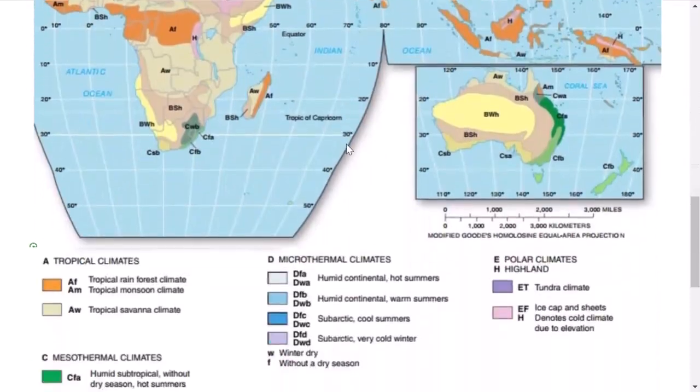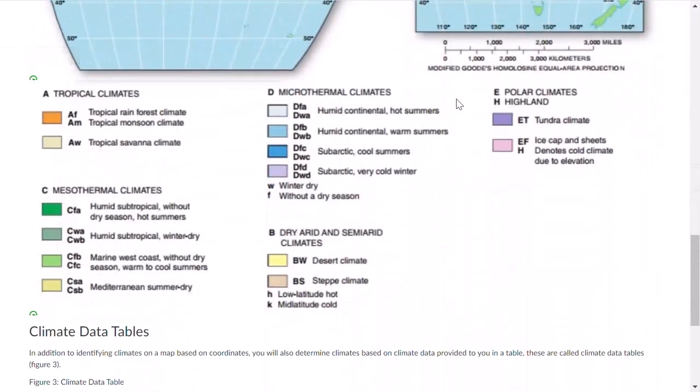We're going to be able to scroll down and we have this giant legend that describes what each type of climate is showing us. And again, here you can see different examples of those first letters, right? The big first letters that are representing the 5 major climate zones. And then the additional letters that help to identify a level of precipitation as well as temperatures that can be found in these locations.